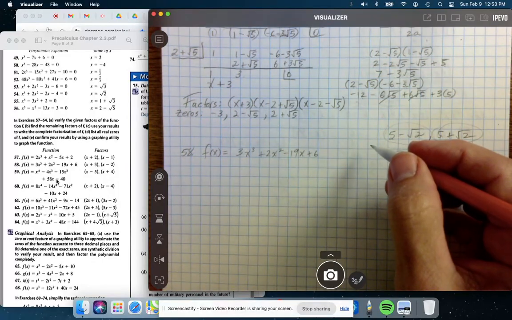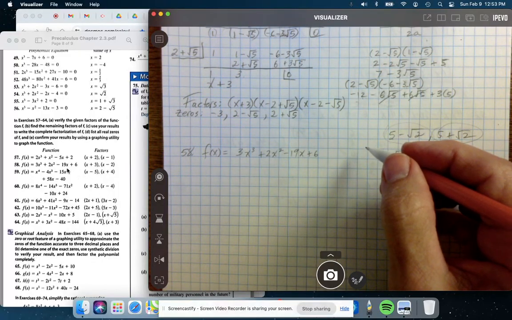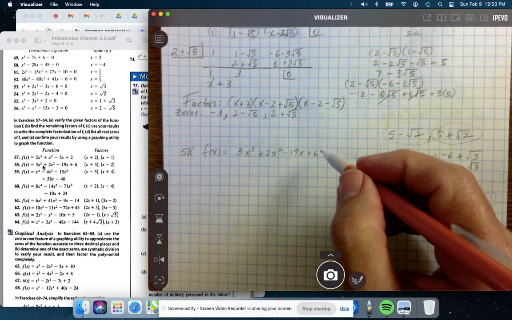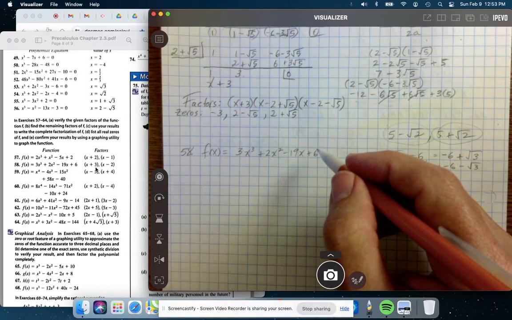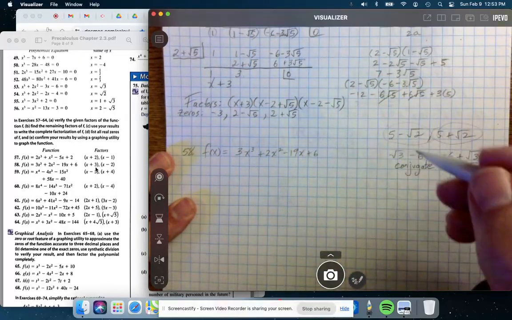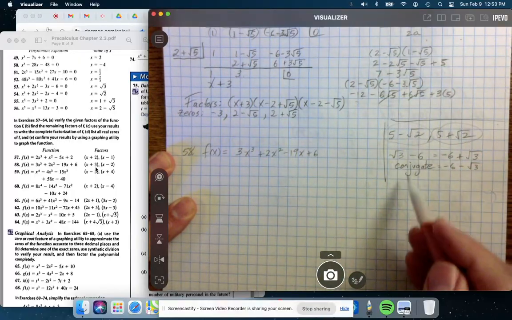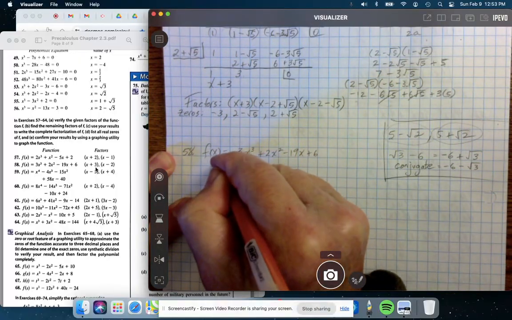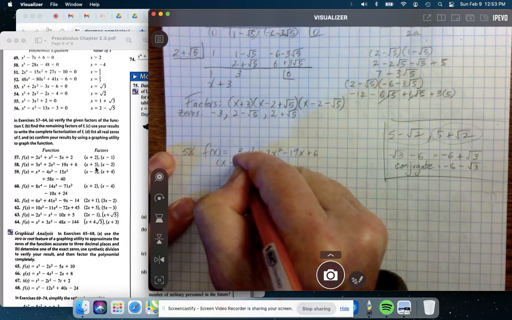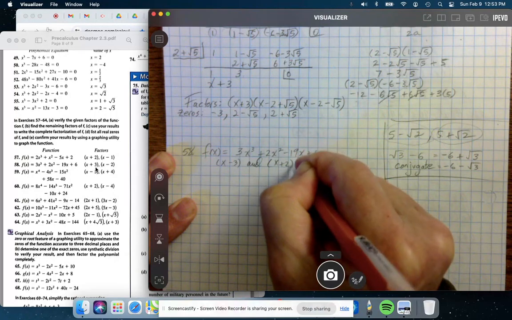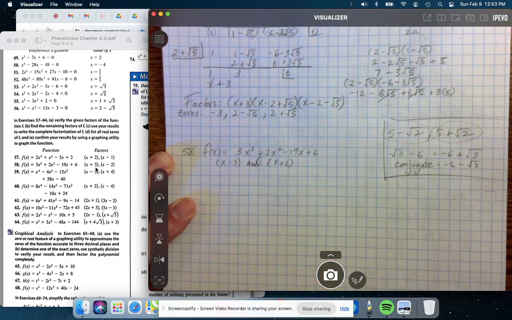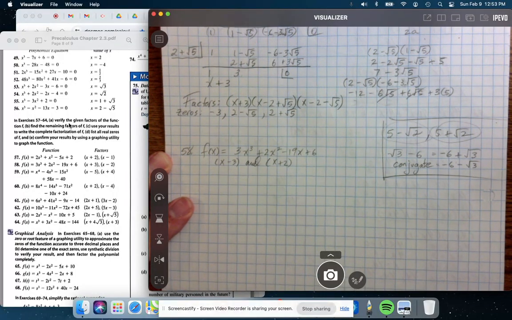And then we're given x plus 3, x minus 2 are factors. And we're supposed to verify that these are factors.